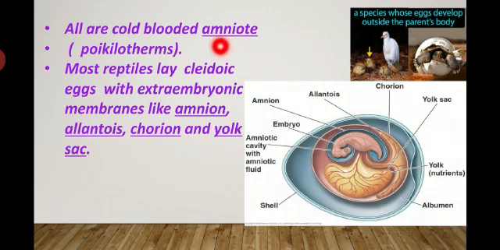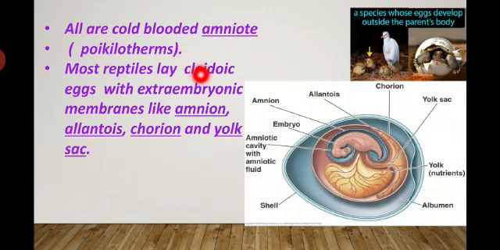Amniote means excreting in the form of ammonia. Okay, and next we will discuss poikilotherms. What do poikilotherms mean? Whether it is cold-blooded or warm-blooded, according to the living habitat of the organisms.